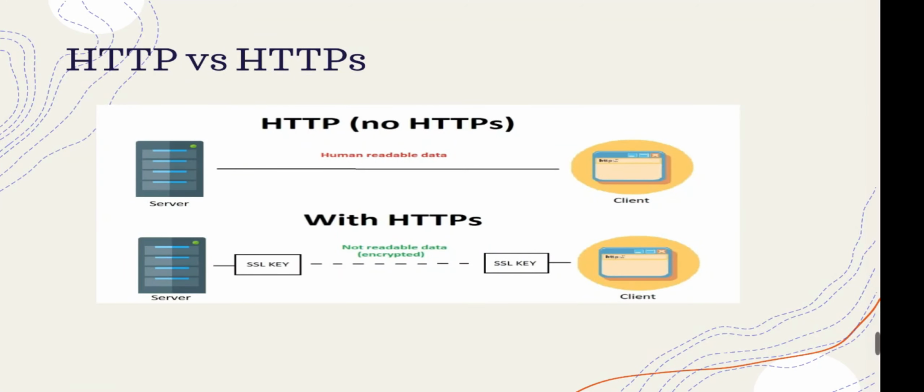Coming to what is HTTP and HTTPS. HTTP is a protocol; it gives the request and response protocol. It gives the connection between client and server and data transfer between each other.